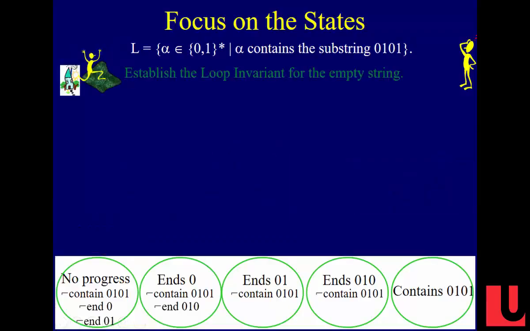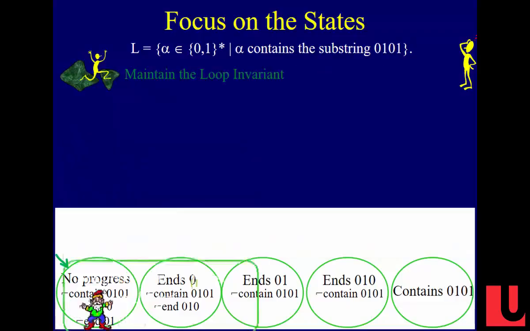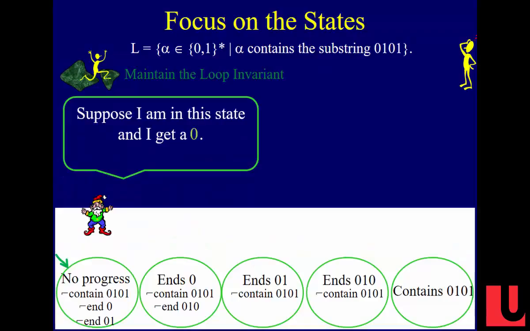Now we know what the states are, so we have to say how we establish the loop invariant. Which state are we in first? For the empty string, no progress. If no characters have been read, I'm in that state. So here's my little arrow telling me that that's the start state. Does that make sense? And then we need to maintain the loop.